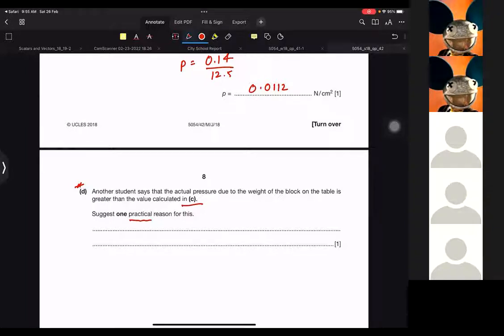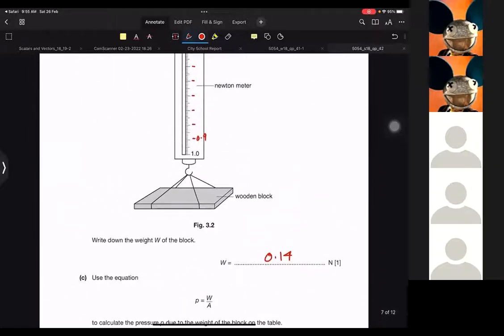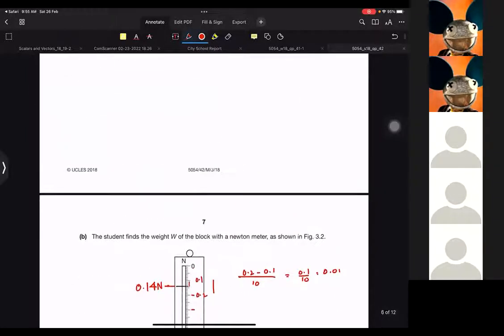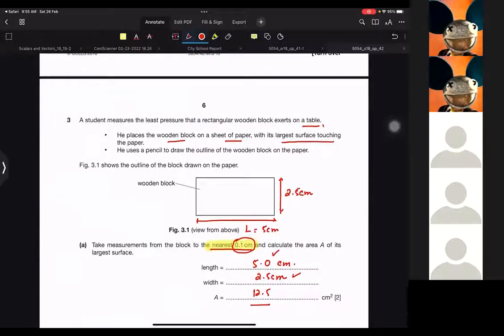So please don't write that suddenly somebody jumped on it or whatever. And we can't say that this is non-uniform, because they have given us that it is a rectangular block. So if I were you, I would say that the pressure would be larger in actual than we have calculated, because when you trace something, right?